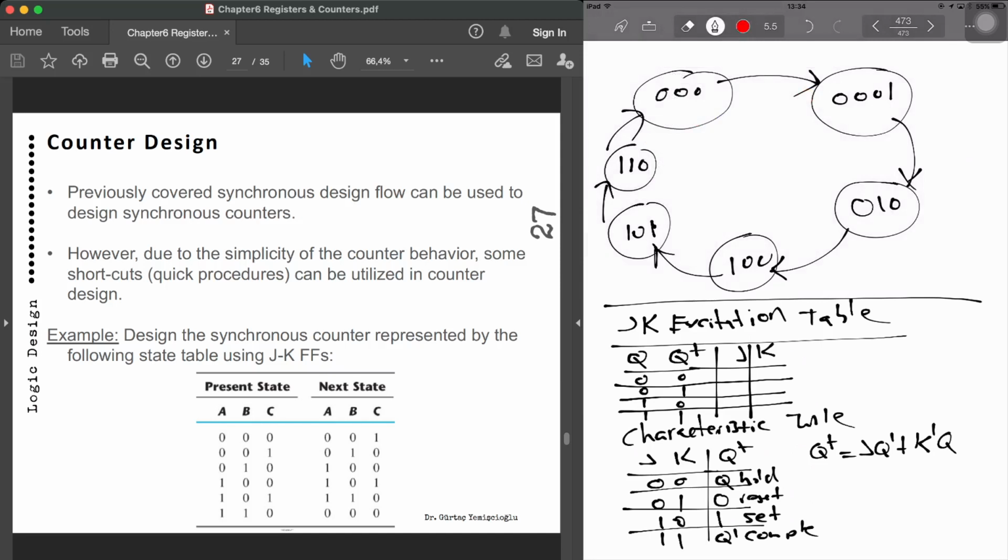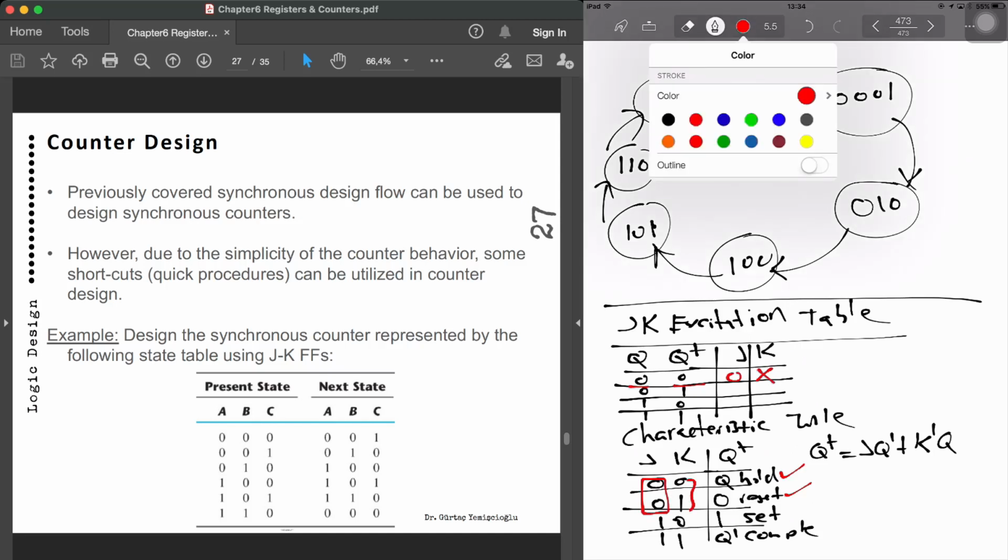When the present state is 0 and the next state is 0, there are two choices. Either it's holding the previous state or it's resetting. So in both cases, J is 0, K is changing, so it's don't care.